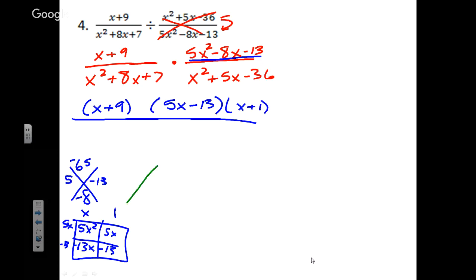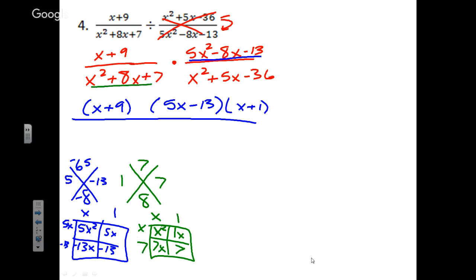Next we have 7 and 8. So that's 1 and 7. X squared, 1x, 7x, and 7. So we get x, x, 1, 7. So that bottom, this part right here is x plus 1, x plus 7.